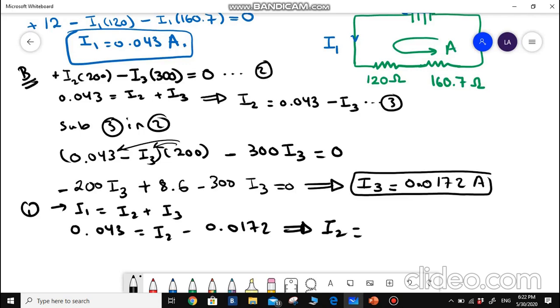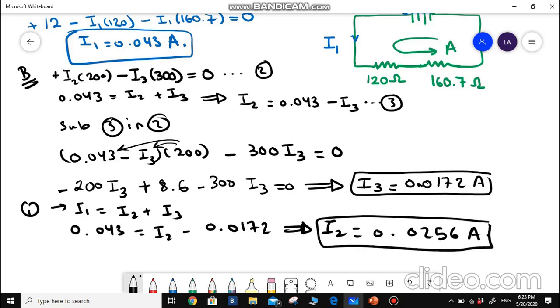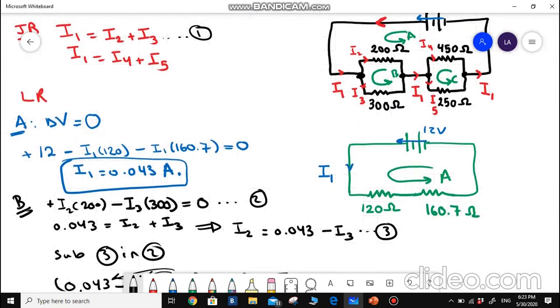If you try it, you will get 0.0256 amps. So I found so far I1, I2, and I3. I1 will split here into two new values, I4 and I5, and again I1 is equal to I4 and I5. So I need to repeat the same steps for loop C in order to find I4 and I5.